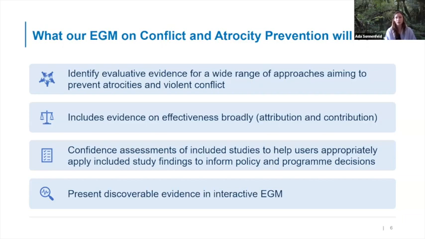And we're also going to be including more qualitative studies on contribution to outcomes. Those are studies that say we can't specify exactly what amount of the change was a result of our intervention, but we can say that we have contributed to the outcome that we've observed in these ways.